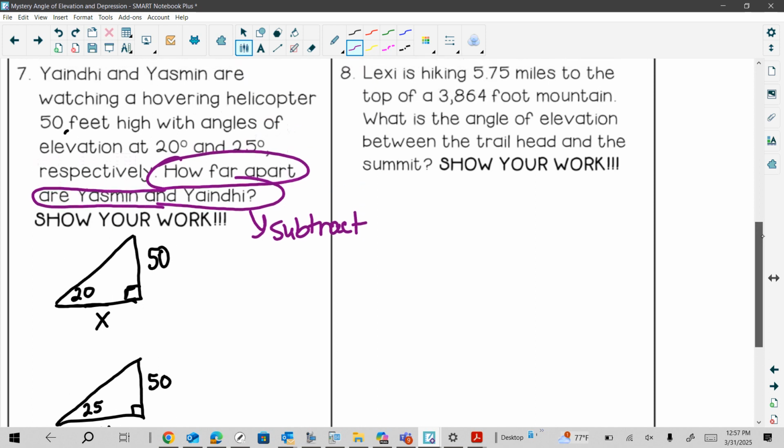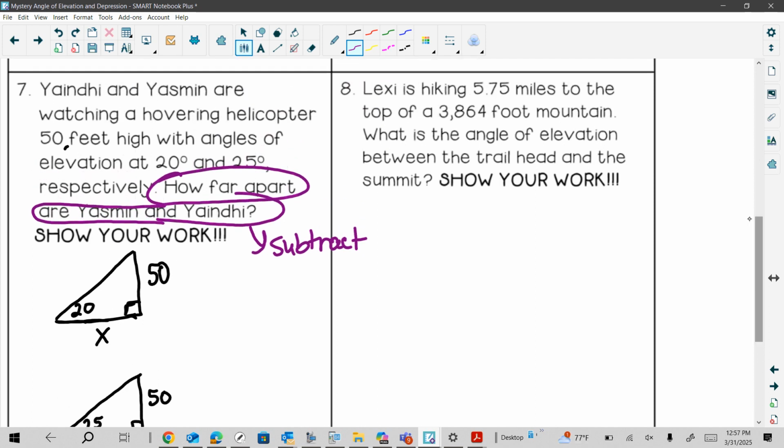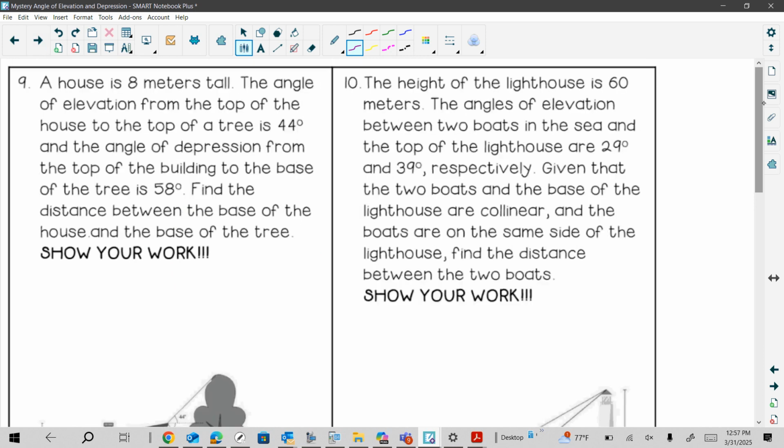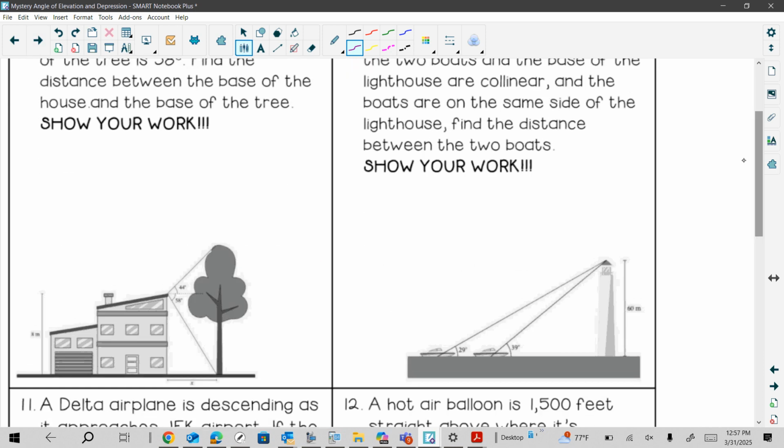All right, on the last page, they're giving you the diagram here. You see how there's a 58 up here? That 58 will be down here as well, and they've already labeled the X. They've also labeled the height of the building.